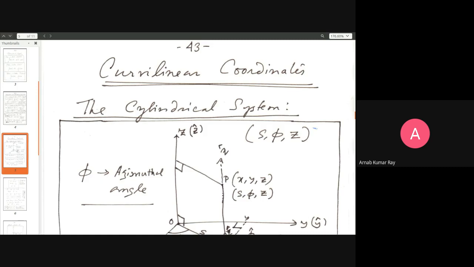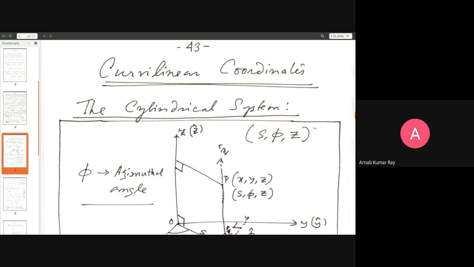So these curvilinear coordinates that we are talking about are just for ease of our mathematical calculations. You can very well continue to work with the XYZ system, but the curvilinear coordinates can occasionally make your task easier. So that is why we shall discuss two such coordinate systems.